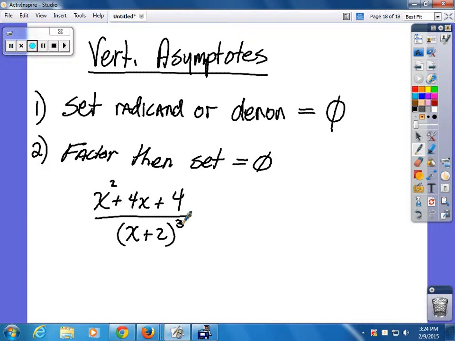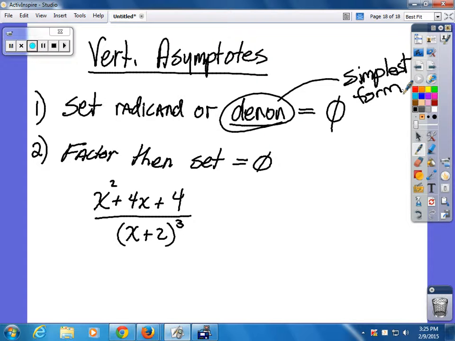Alright, now if you use the first rule, you set the denominator equal to 0, you get negative 2. But you can't do that yet. The reason you can't do it yet is it's not in the simplest what? Form. So in order to set the radicand or denominator equal to 0, you have to have it in simplest form.